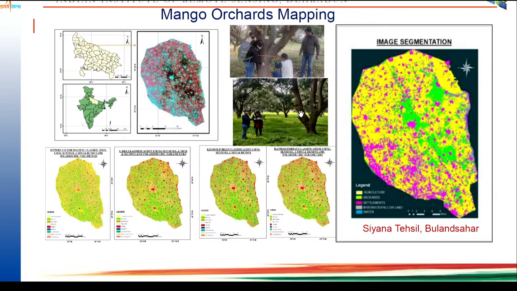So today there is advancement in image processing technology, like machine learning algorithms and image segmentation algorithms, apart from the improvement in the spatial resolution of satellite imagery, as well as how frequently satellite imagery is available. So now one can do wonders to get even crop information, mango orchards, and all those you can map at every field level.